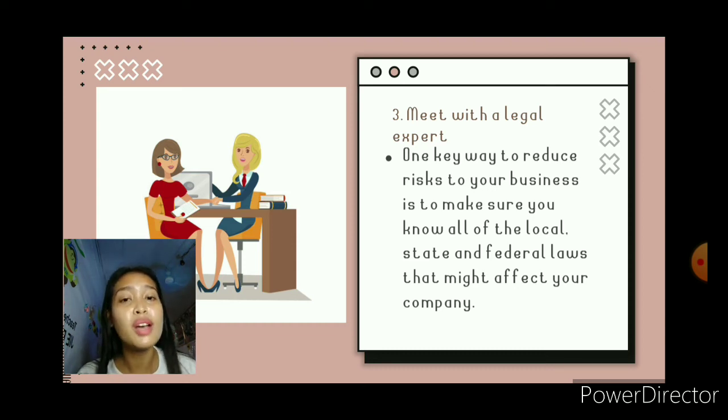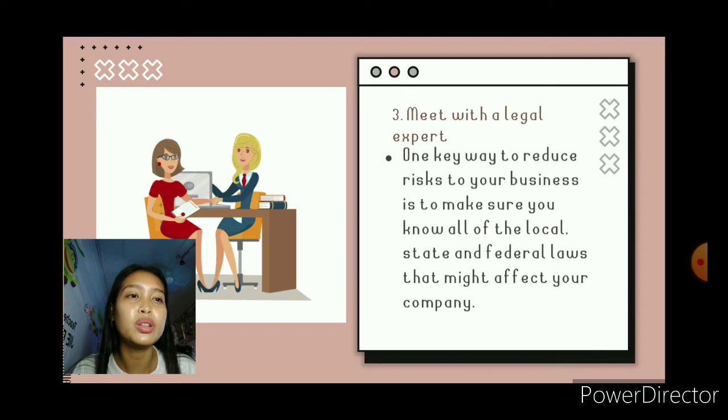So if you have a business, you need to have knowledge, so that you will not fall into fraud towards your investors, for example.